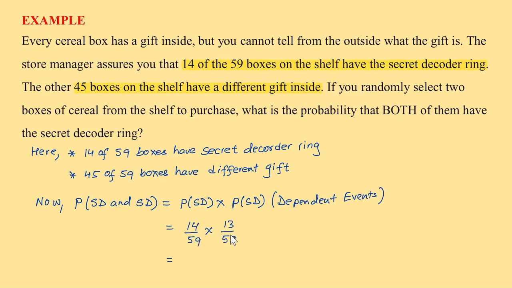So now, in order to simplify this one, we multiply numerator with numerator. So when you multiply numerator with numerator, it will be 14 times 13, which is 182, over denominator times denominator. 59 times 58 is 3,422.